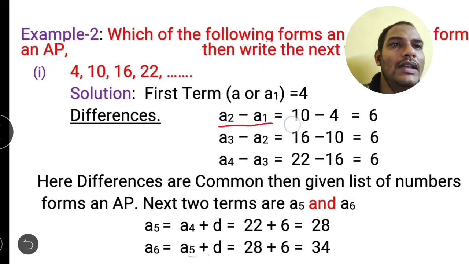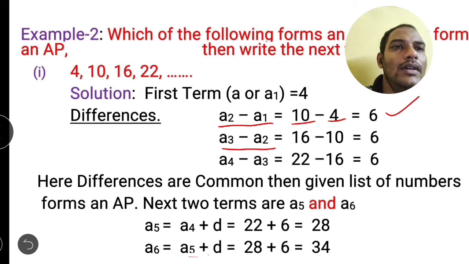A2 means second term, that is 10. A1 first term, that is 4. 10 minus 4, answer is 6. Next, second difference, A3 minus A2. A3 third term 16, A2 second term 10, 16 minus 10 equals to 6.